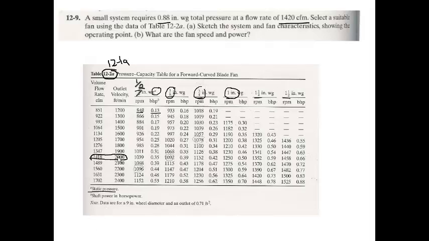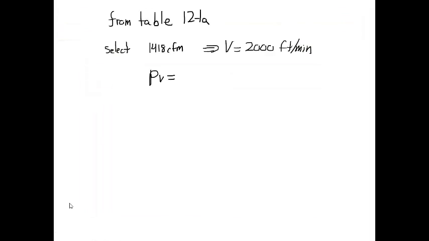My fluid velocity in this case is 2,000 feet per minute. So pulling the equation from earlier, velocity in feet per minute divided by 4,005, squared, I end up with 0.25 inches of water as my velocity pressure.